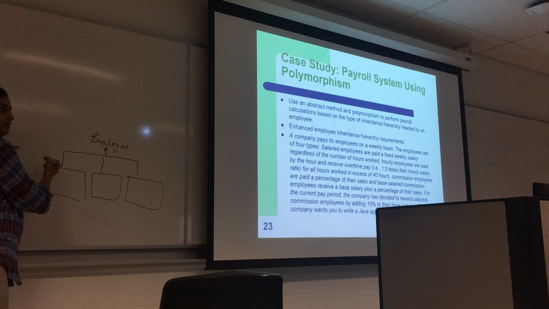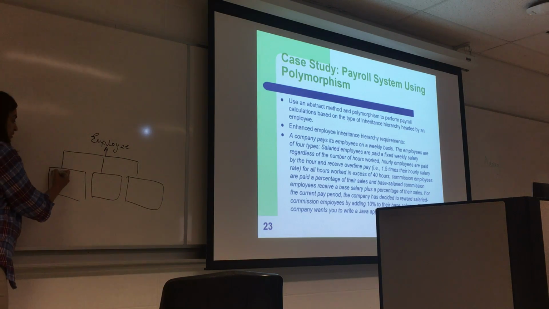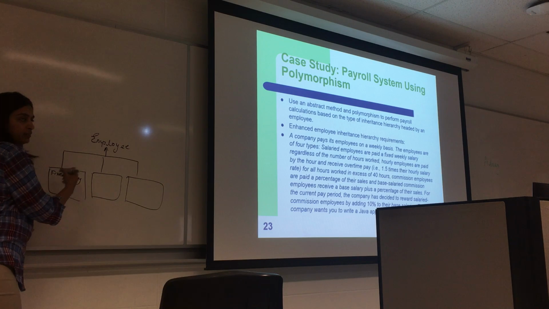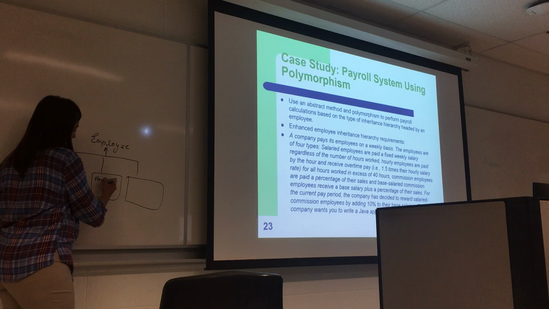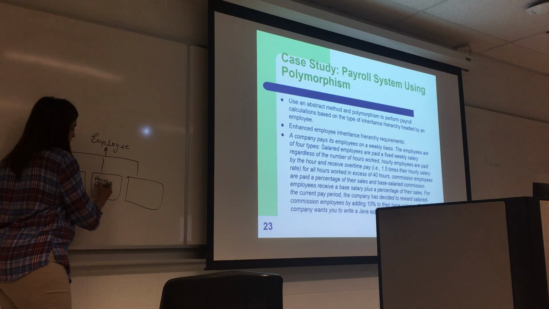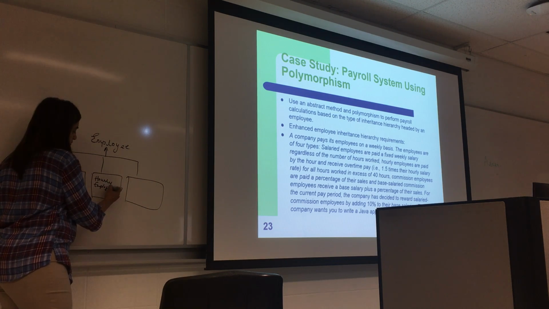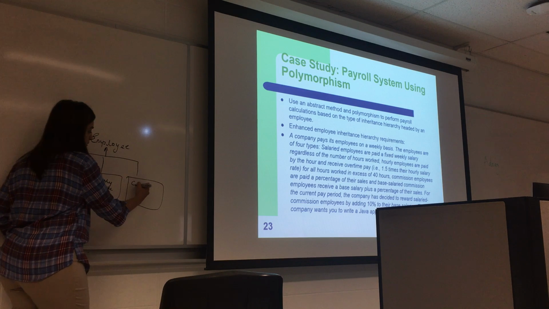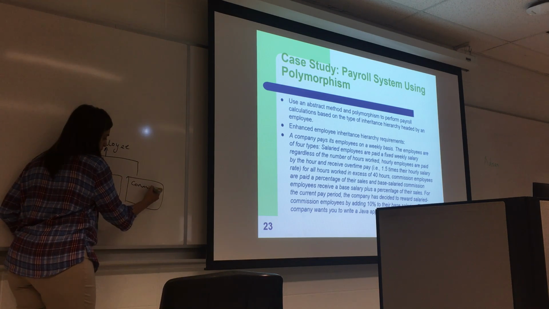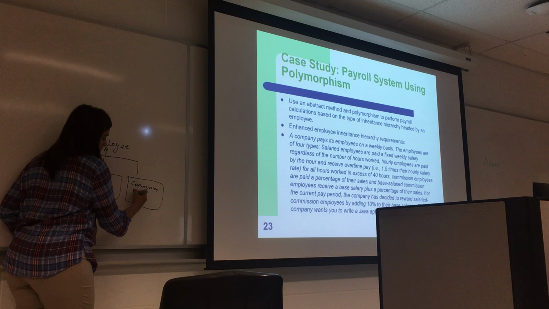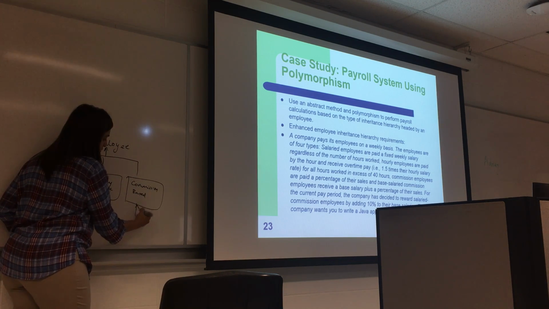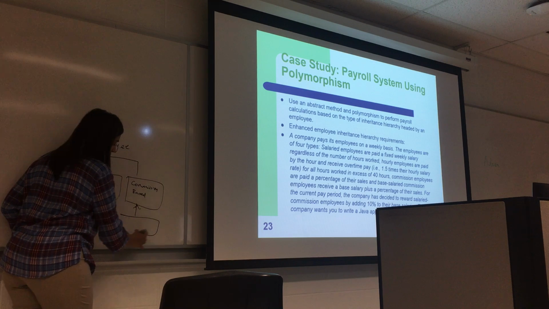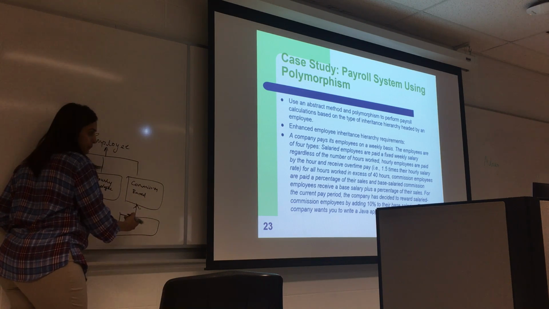There are fixed salary employees, correct? So I'll create a class for fixed salary. Next, what is the other type of employee? Hourly employee. And next, commission based employee. Now there is one more, so I can create that as a subclass of commission employee, just like we did in the previous example, right?